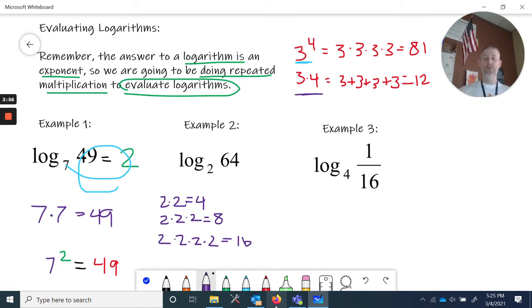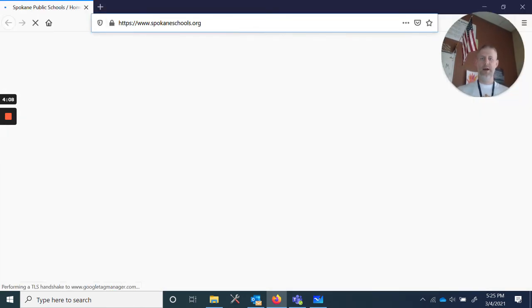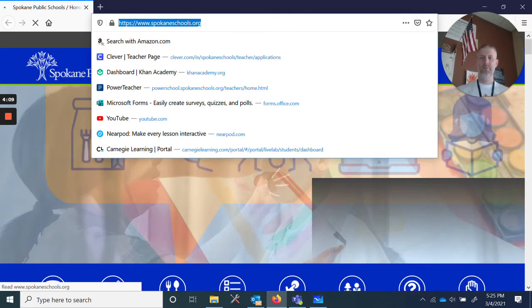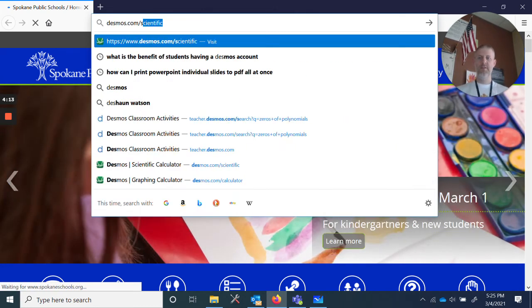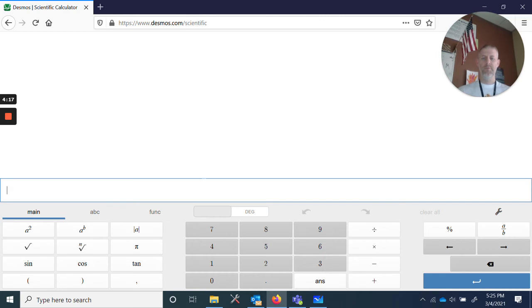Another way you can show this is by using a scientific calculator, and that will help you figure this out. Let me show you real fast what that might look like. I like to use the Desmos scientific calculator, which you'll see the link on the page right here. So 2 times 2 is 4, and you can see my answer over here.